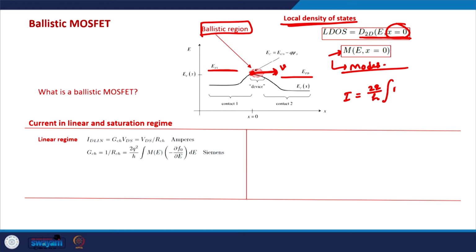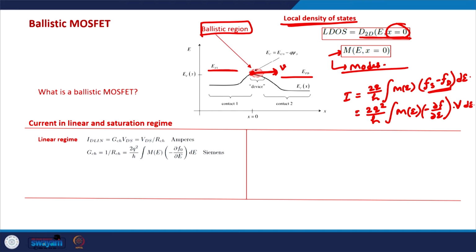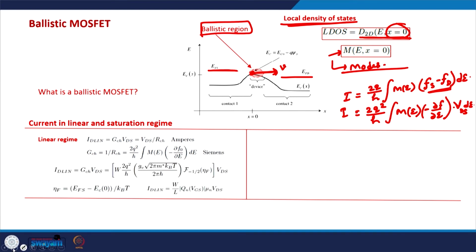q by h, T(E), this is the general expression of the current, and in the linear regime the applied voltage is very small. So, in that case this Fs minus Fd can be approximated by minus del f by del E times qV. So, q we have already taken outside and only the V is there, where V is the VDS in this case, which is the voltage between the drain and the source.